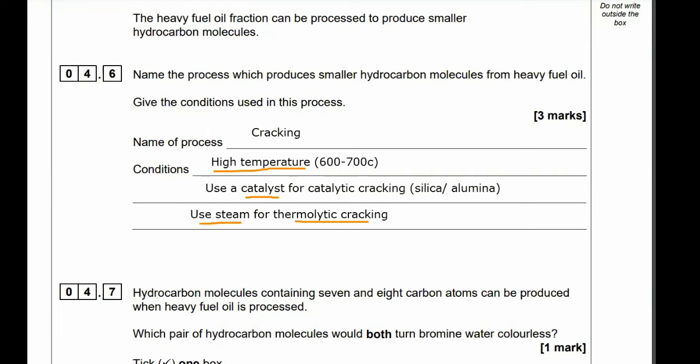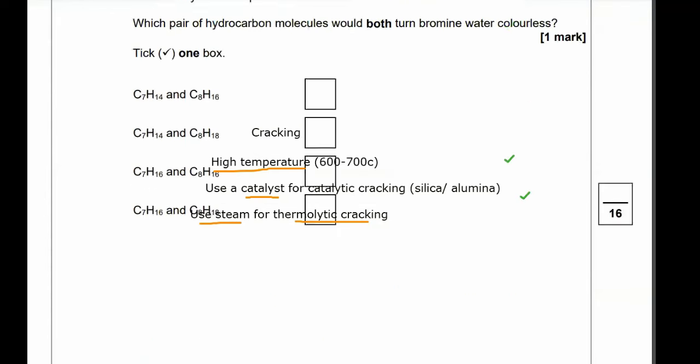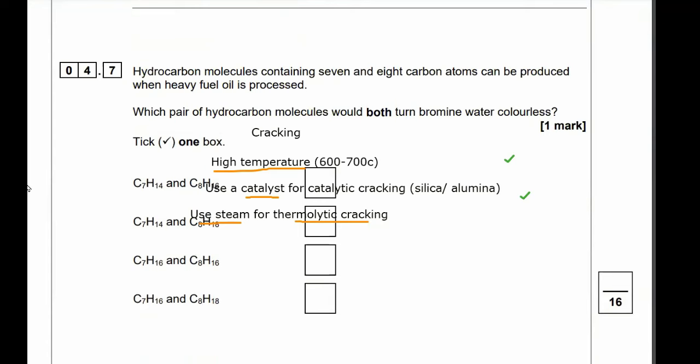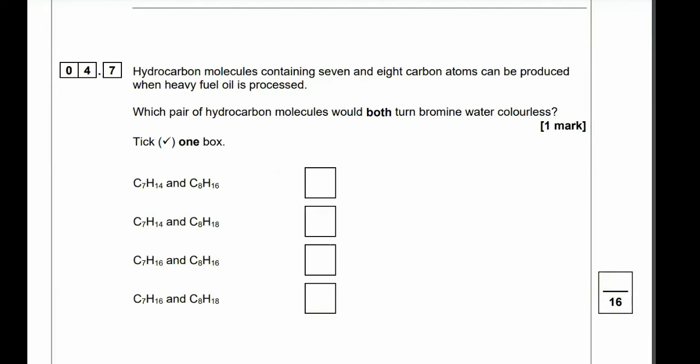Let's go on to 4.7. Hydrocarbon molecules containing 7 and 8 carbon atoms can be produced when heavy fuel oil is processed. Which pair of hydrocarbon molecules would both turn bromine water colorless? Bromine water is orange, it goes colorless when it touches alkenes. So we're looking for an alkene. Do you remember the general formula of alkenes?